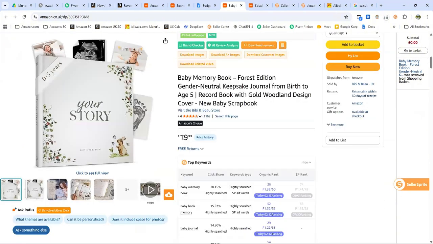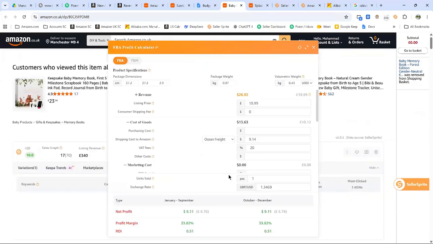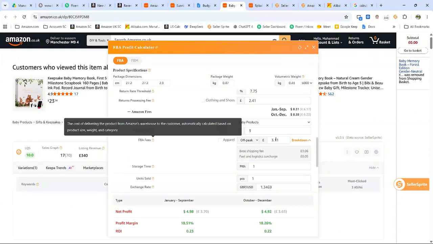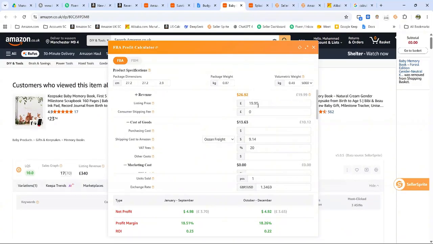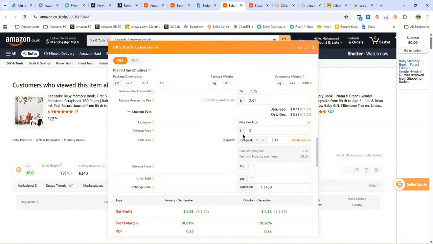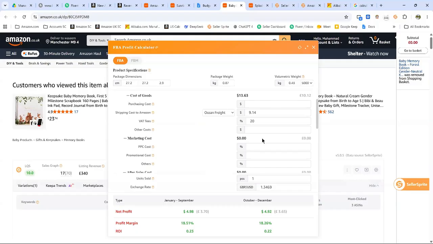The FBA fee here is 3.1, and the selling price is 19.9. So the referral fee should be somewhere around 3. FBA fee is 3.1, referral fee is 3, and it's selling at 20. So the total is 6, which is exactly 30%.